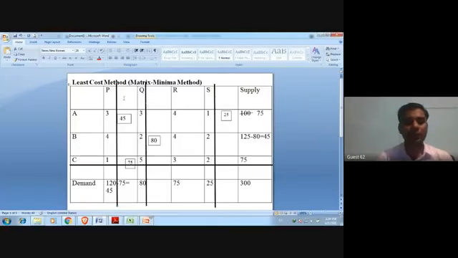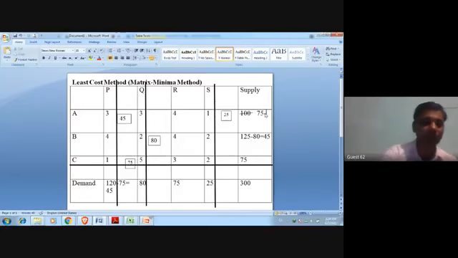Because the demand of P is exhausted now. But after giving the 45 units, how many units are left in factory A? So it previously had 75 units and factory A has given 45 units. So how many units are left? 30. Okay.